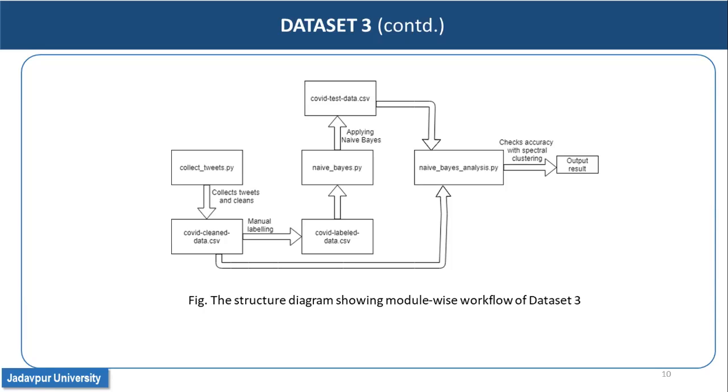One part is hand labeling, another part is spectral clustering. So the final naive Bayes output, the test data, has been checked with the spectral clustering to check the accuracy, and then the results are output.